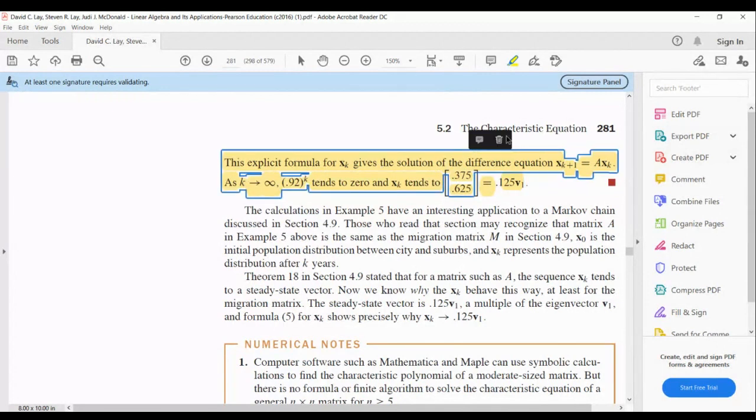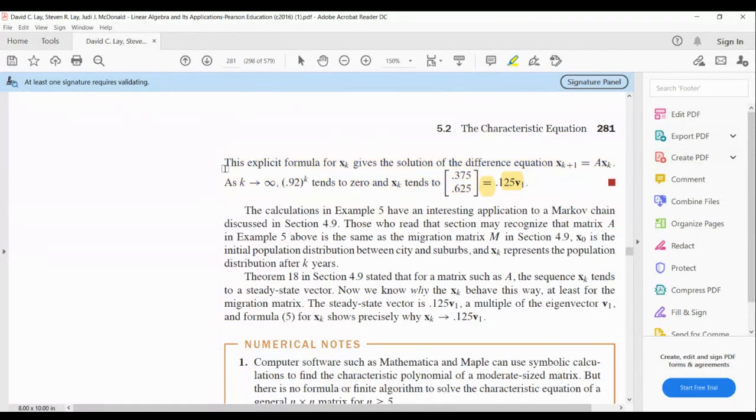So this explicit formula for x sub k gives the solution of that difference equation. As k goes to infinity, 0.9 to the 2k tends to 0, and so you're left with just the first vector, 0.125 times the vector 3, 5, which is 0.375, 0.625.